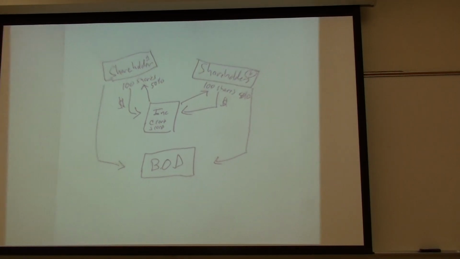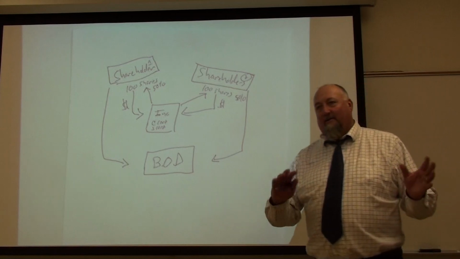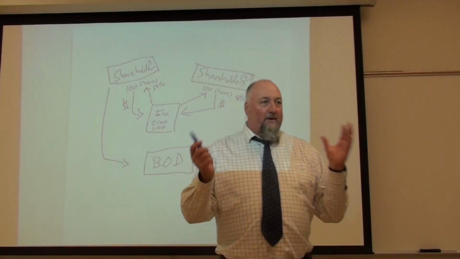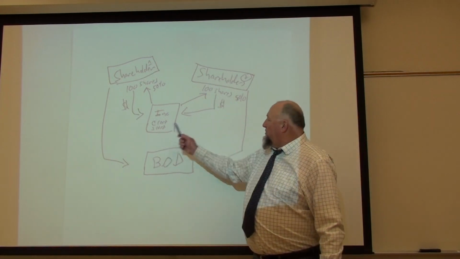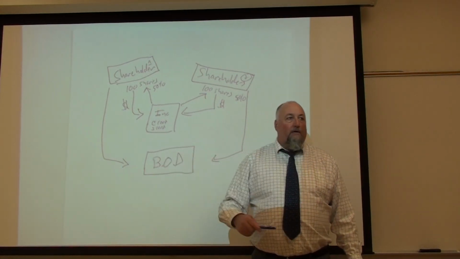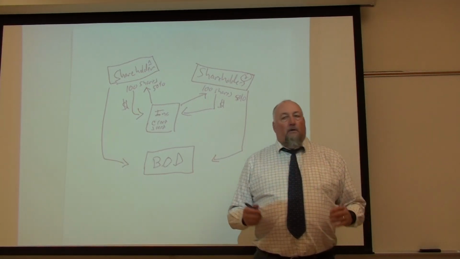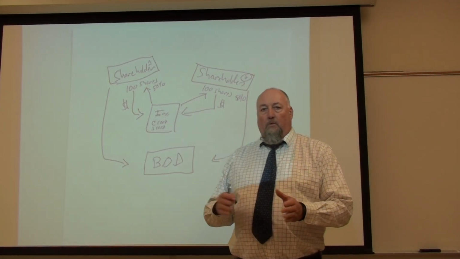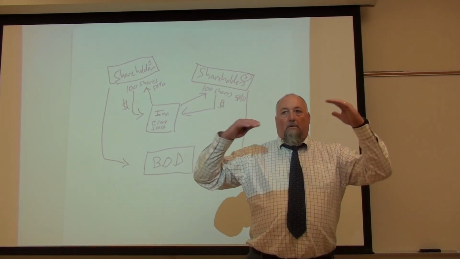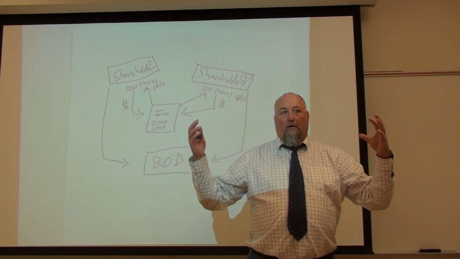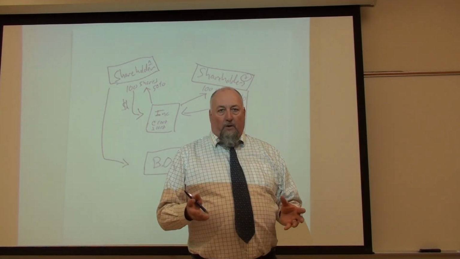And oh, by the way, I'm not going to make you diagram all this out for the test or anything, okay? Don't worry about that. I'm not going to make you write essays or anything. So the shareholders will vote at the annual meeting, or whenever there's a meeting called, special meeting, to vote on who will be the board of directors. The board of directors are the primary policy-making management structure of a corporation.